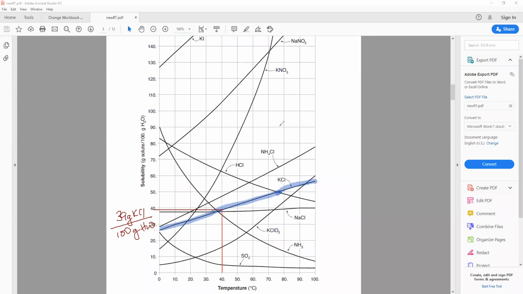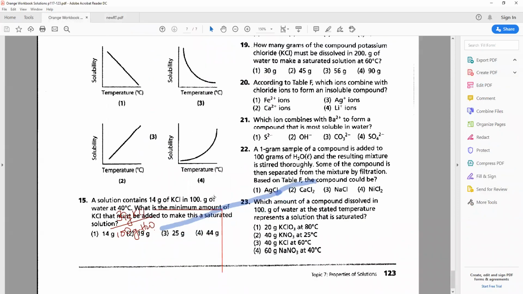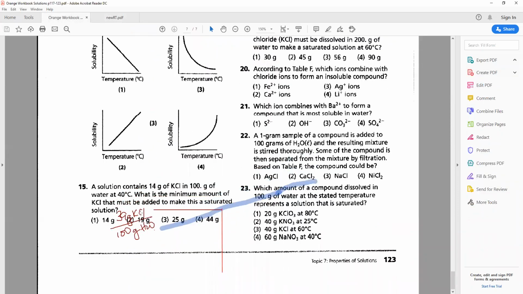Okay. How many, let's go back to the question. Okay, so let me just erase 39. So we need 39 grams of KCl in 100 grams of water. How many do I already have in there?